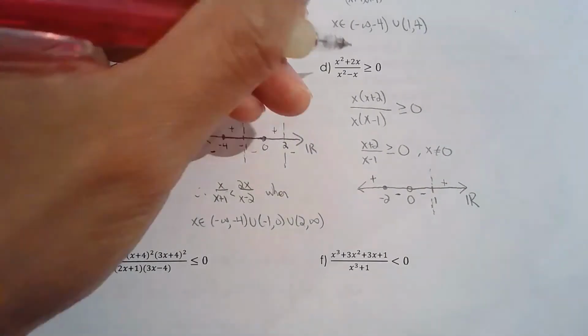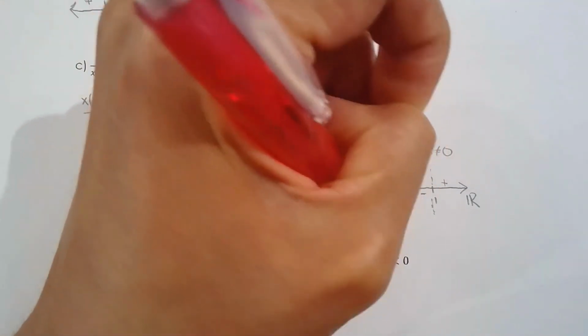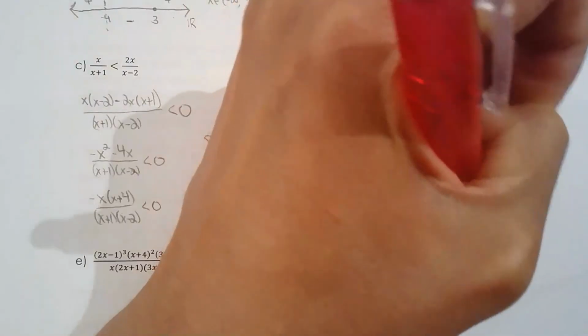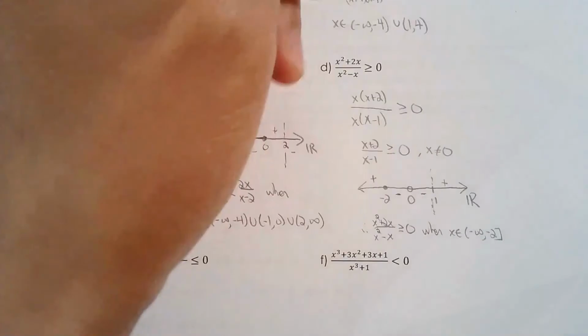Okay, so when is it greater than or equal to 0? Less than or equal to -2 and greater than 1.